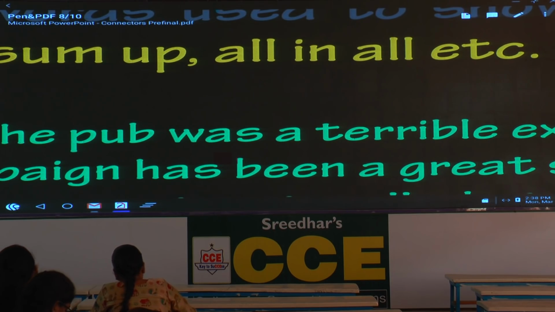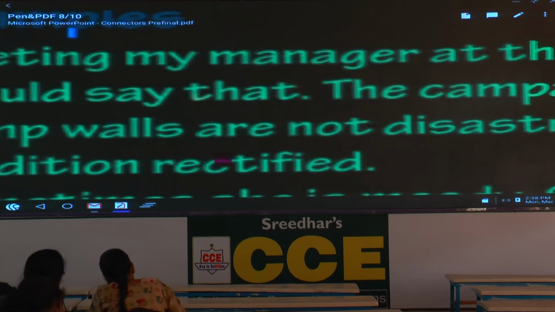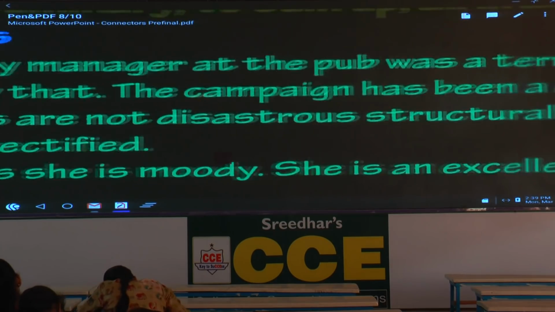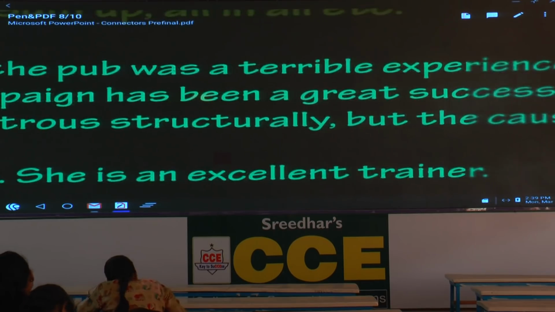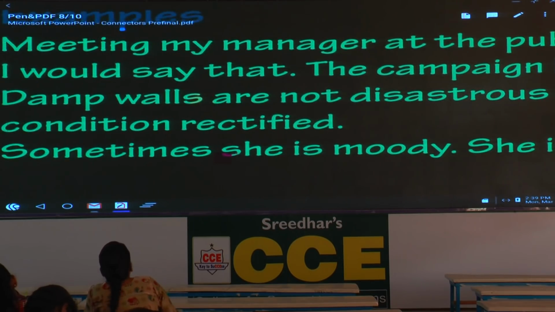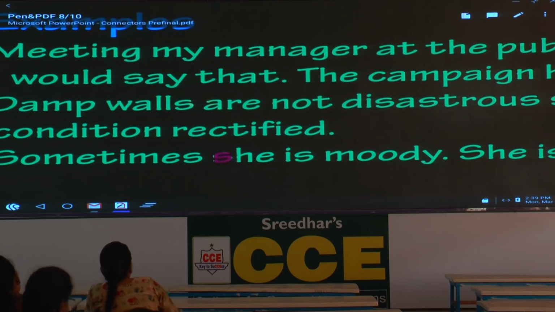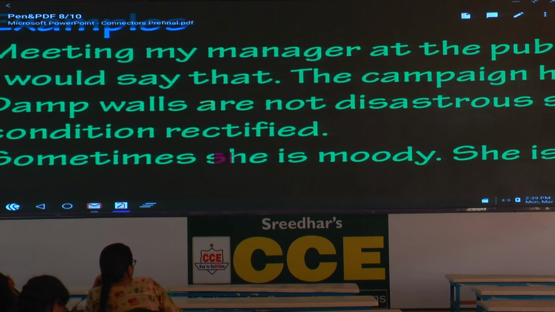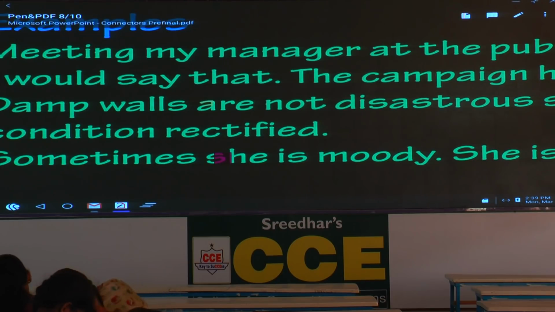Shall we see the sentences? Meeting my manager at the pub was a terrible experience. Does it sound familiar? We got in one of the mock test papers a question related to this, but they used a different word, not appropriate word.